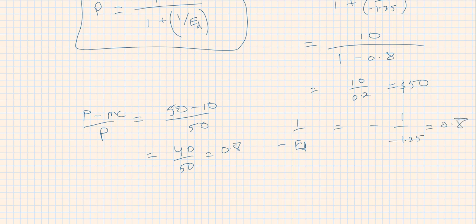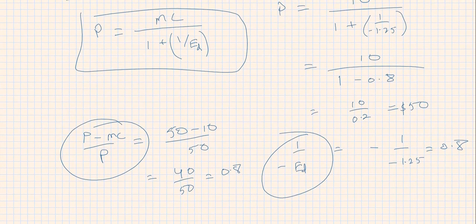So this verifies that our simple markup pricing rule is given by the negative of inverse of elasticity of demand. And if we are given the marginal cost and we know the elasticity of demand, we can also find the optimal price that this firm should charge to maximize its profits.